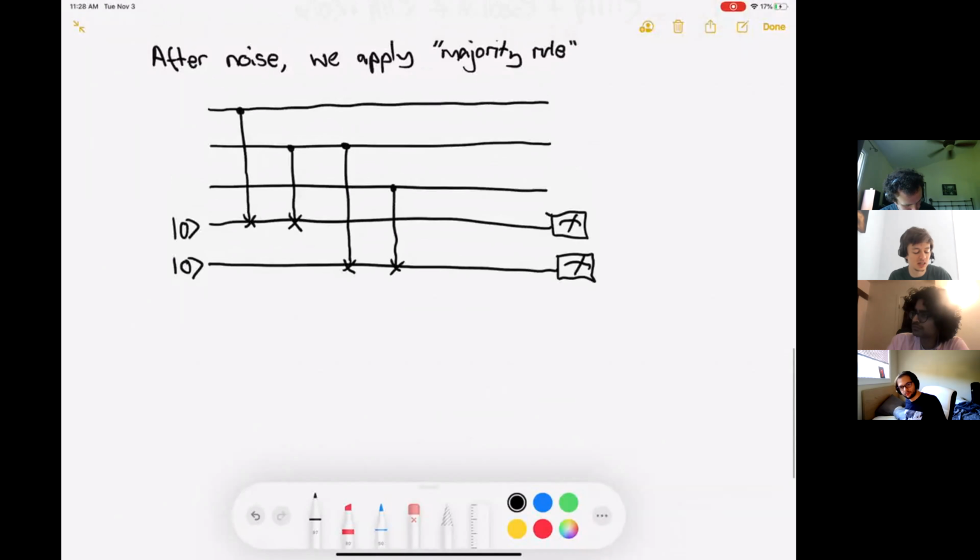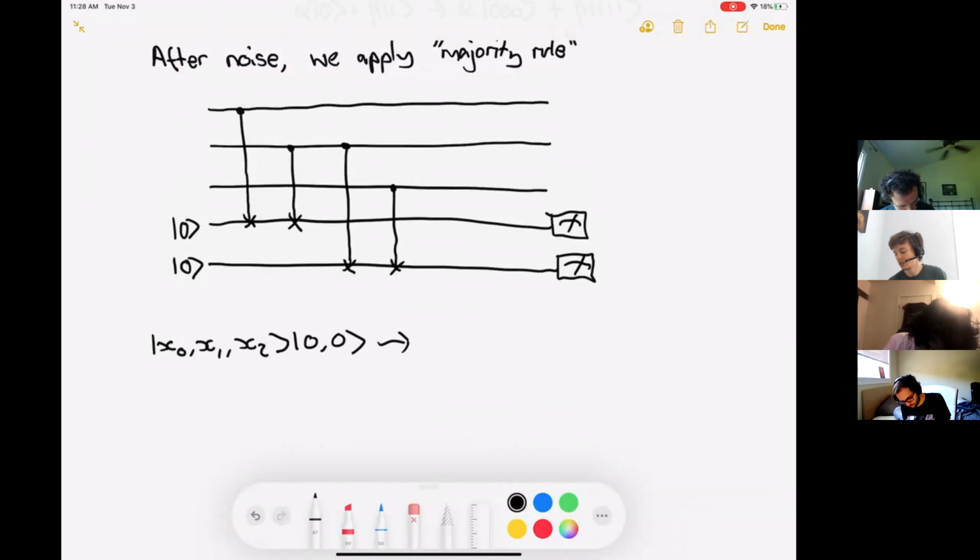So let's assume we start in the state x0, x1, x2, where x0, x1, and x2 are all just either 0 or 1. The 2 ancillas just start in the 0 state. Then we evolve with this little circuit.